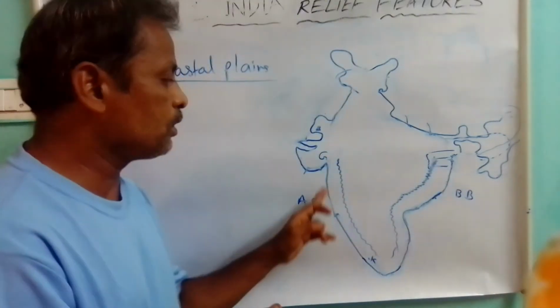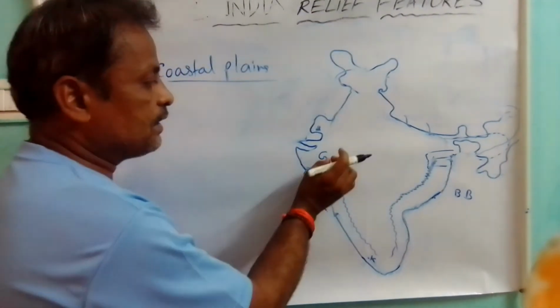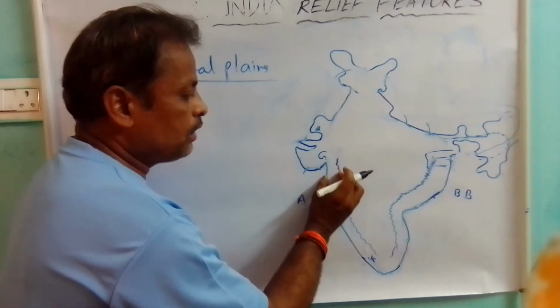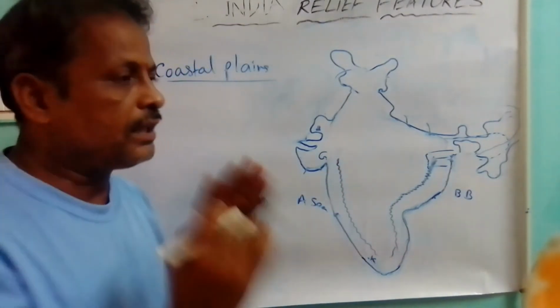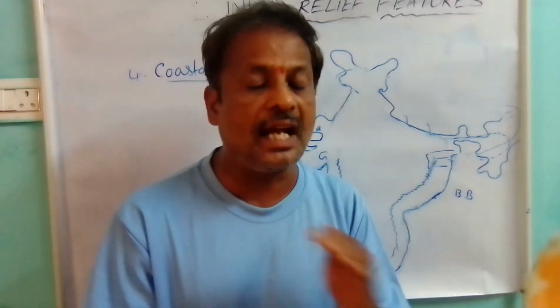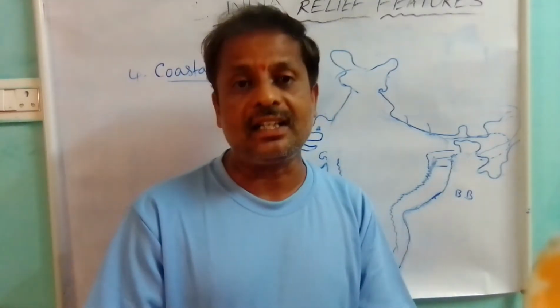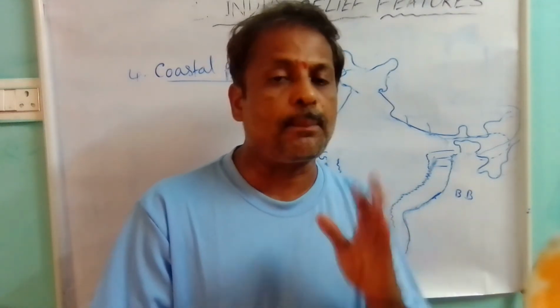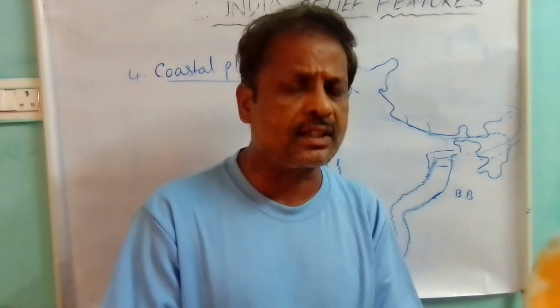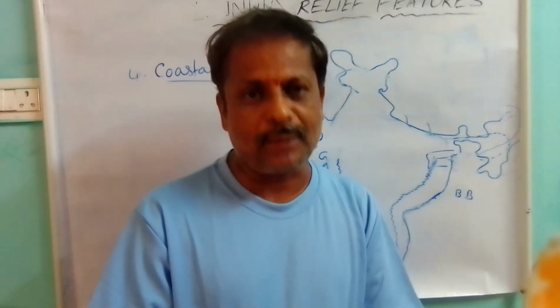Whereas west coastal plain is narrow on the north, and towards south its width is slowly increasing, and the width has a range of 60 to 80 kilometers. So by this way we are understanding that east coastal plain has more width compared to west coastal plain.